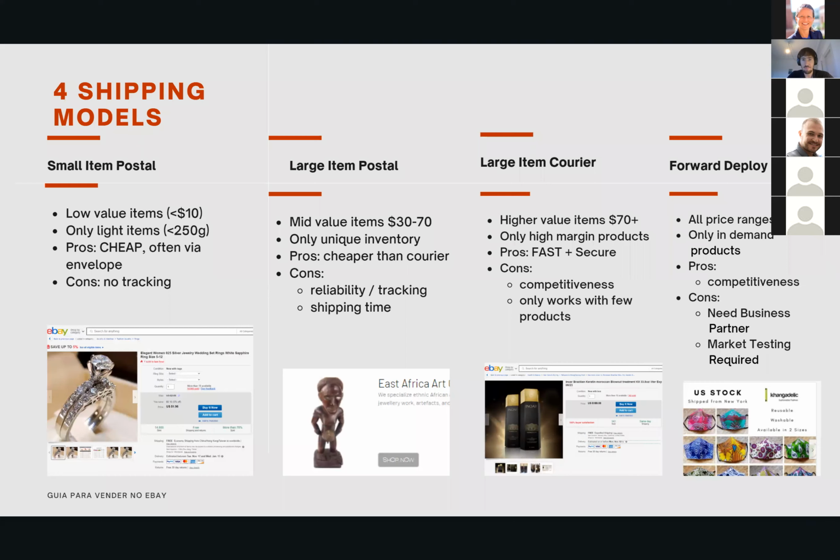It's the hair treatment, which is sold for between $160 and $180 on eBay, and it's always sold with free shipping. That means the shipping is simply included in the final price. And so courier usually works. I've seen it work for products that are probably $70 or more with higher margin. And the pros, of course, of using couriers, it's fast, and it's super reliable. It's just a really good customer experience.